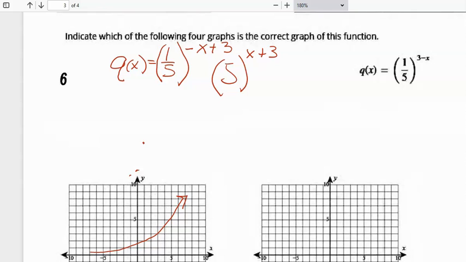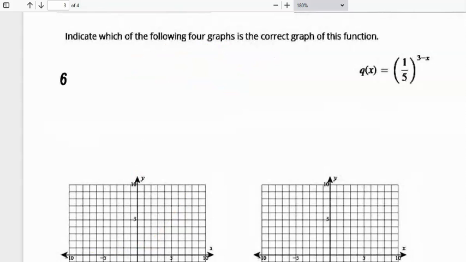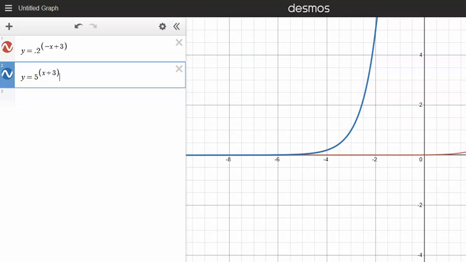So what I've done here is I've gone to Desmos, and just to show you how this can possibly help here, I'll switch screens and do some modification.